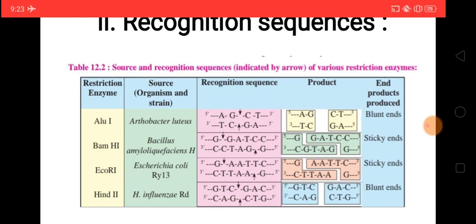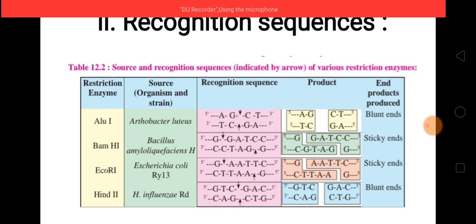This chart shows the different restriction enzymes, their microbial sources from which they are isolated, and they cut the DNA molecule at the recognition sequences. The end product is blunt ends or sticky ends.